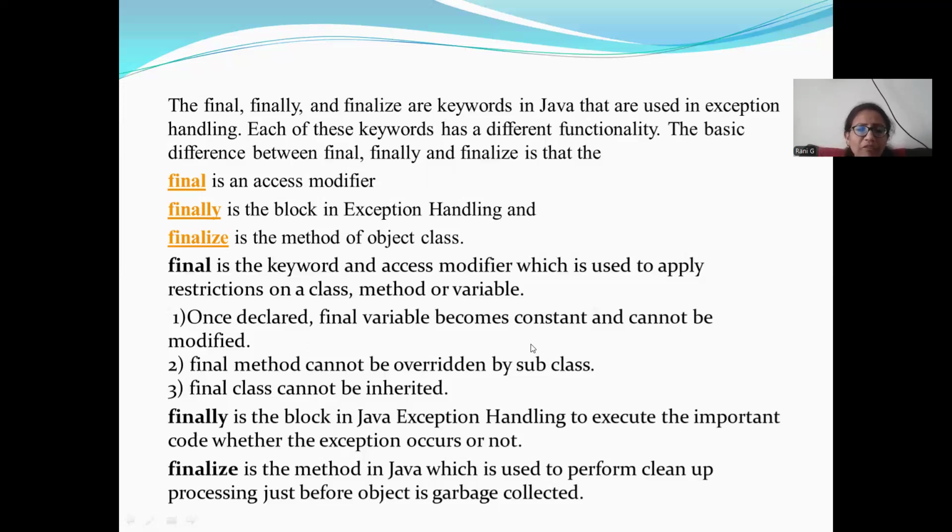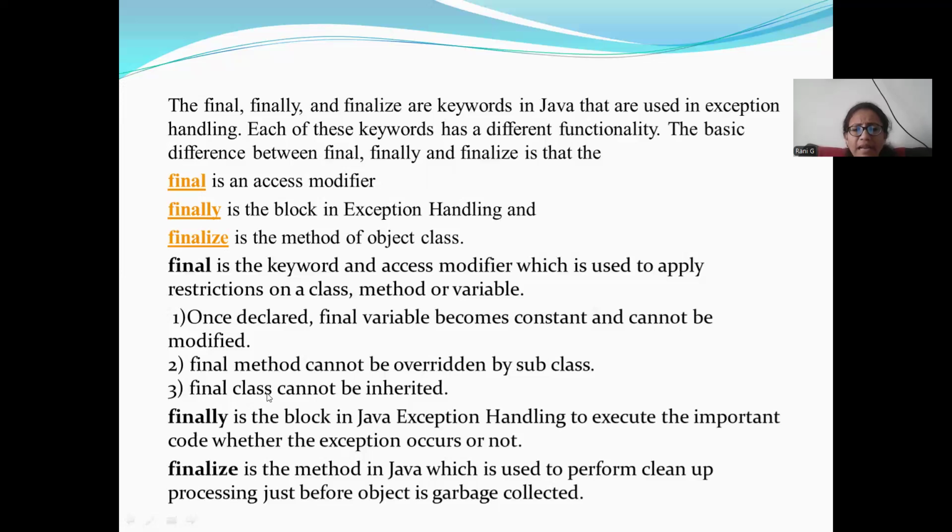Next, the final method. If you use the final keyword for a method, it cannot be overridden by the subclass. So we have two classes, the superclass and the subclass. Whenever we apply final to a method, it cannot be overridden by the subclass.